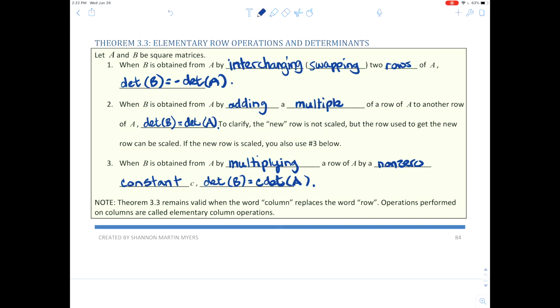Operations performed on columns are called elementary column operations.